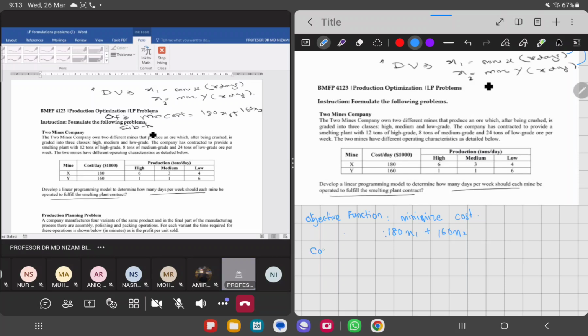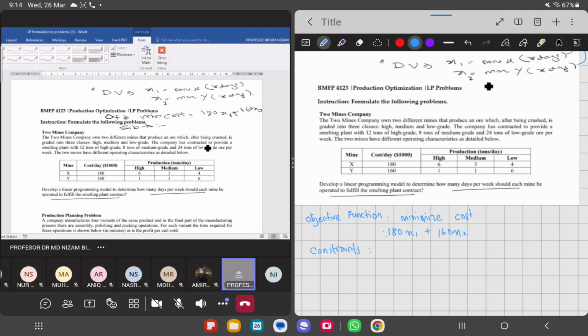Anybody? What are the constraints? Production. So it's here, the company owns two different mines that produce ore, which after being crushed is graded into three classes: high, medium, and low grade.